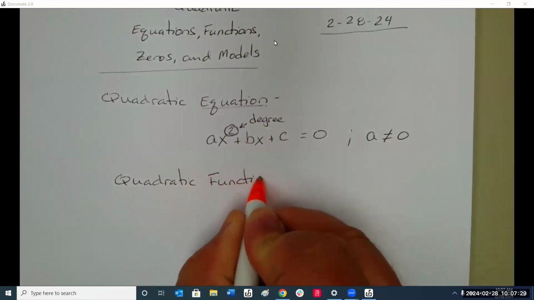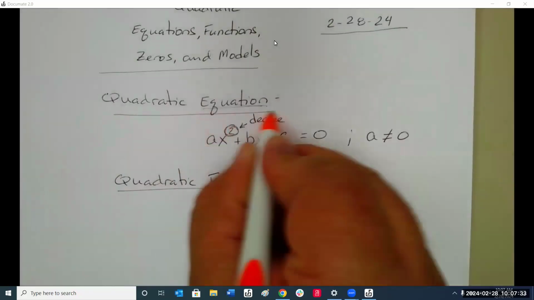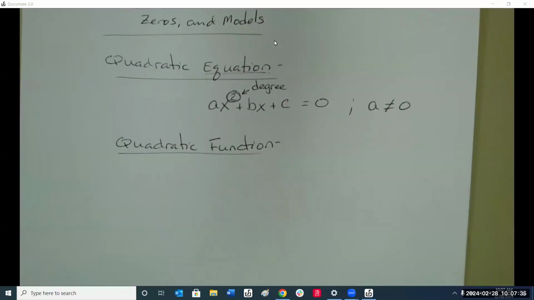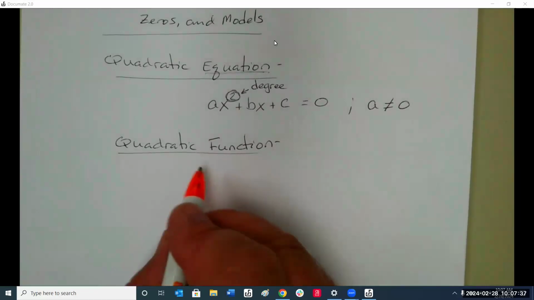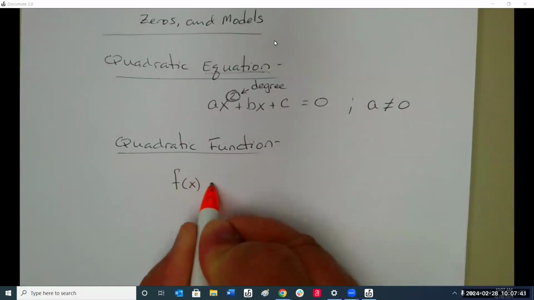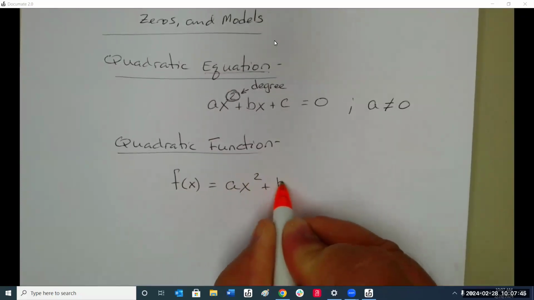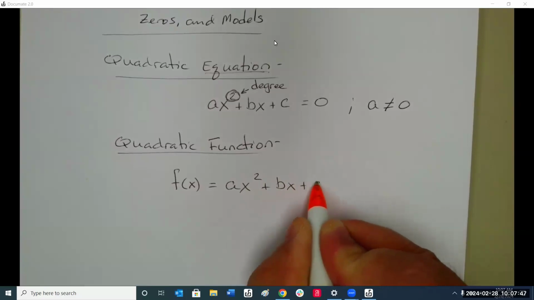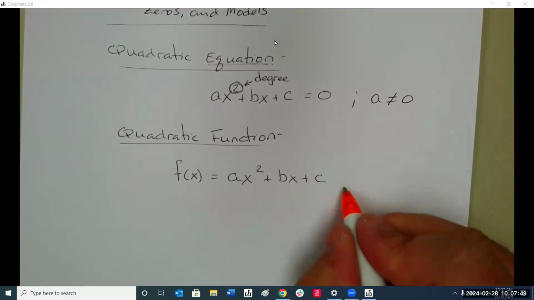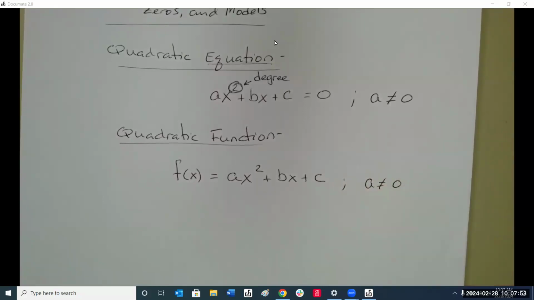A quadratic function is the function name that defines this quadratic equation. Again, A cannot equal 0, because if it did, then it wouldn't be quadratic anymore.